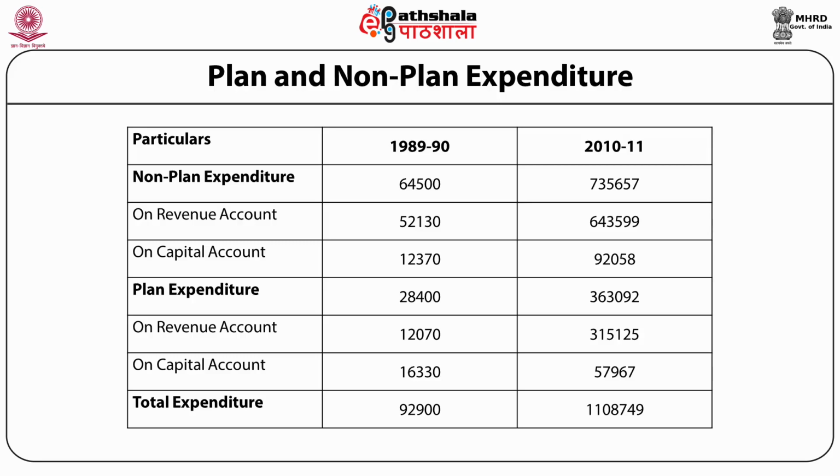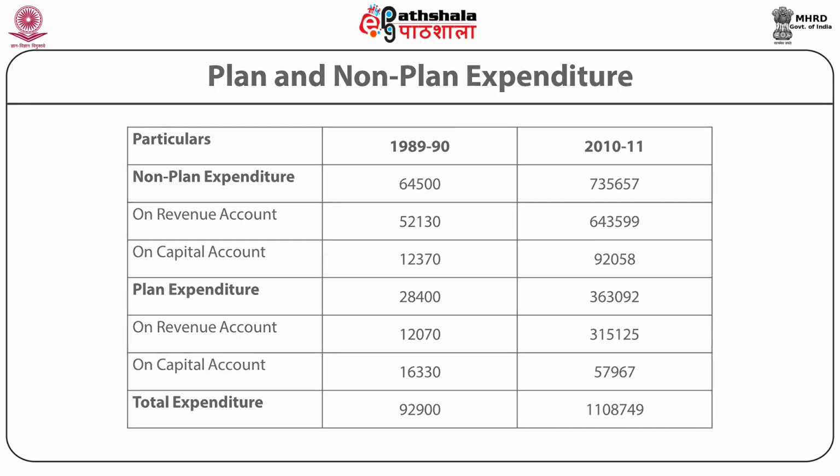And on capital account, it was just 16,330 crores in 1989-90, which increased to 57,967 crores. The central government adopted a new classification of public expenditure from the 1987-88 budget. Under this classification, all public expenditure is classified into non-plan expenditure and plan expenditure.